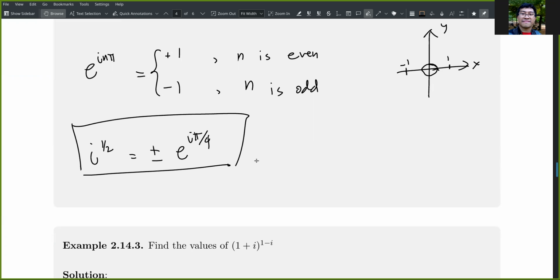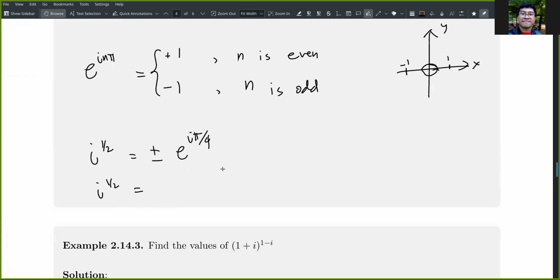Okay, or actually we can further write that: i to the 1/2 equals e to the i pi over 4 in the complex plane. So pi over 4 is this.